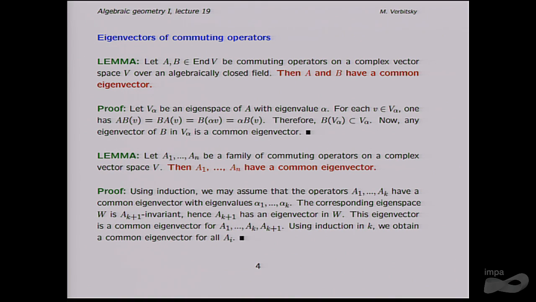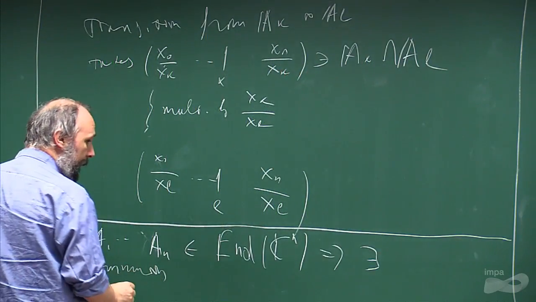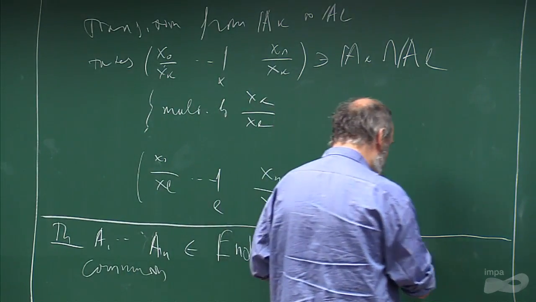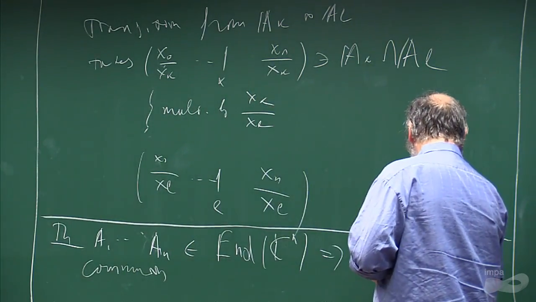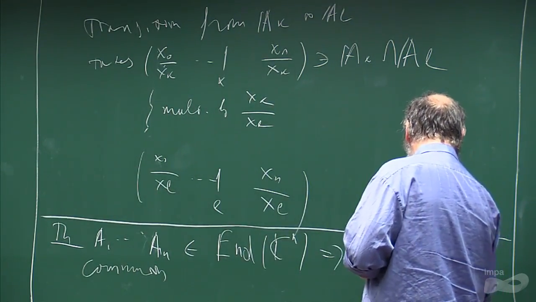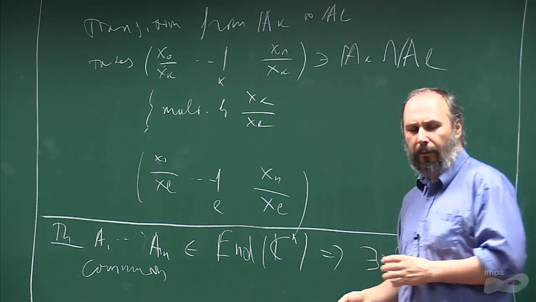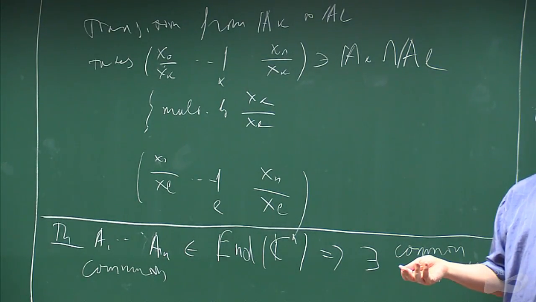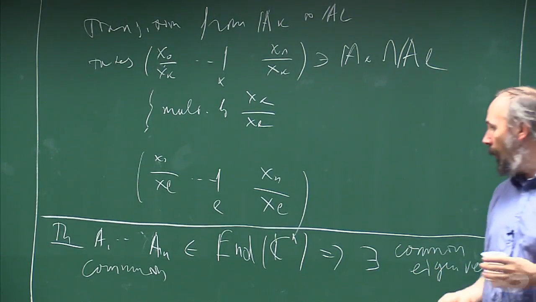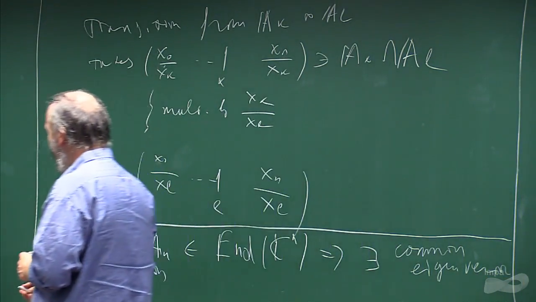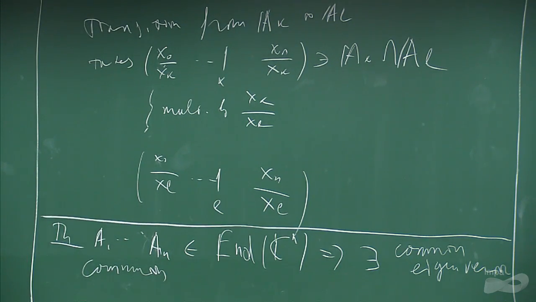Then there exists a common eigenvector. Who of you already knew that? Okay, the argument is quite clear. Proof.